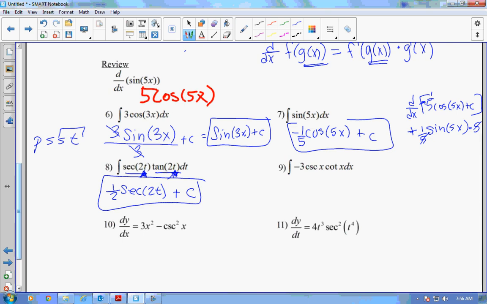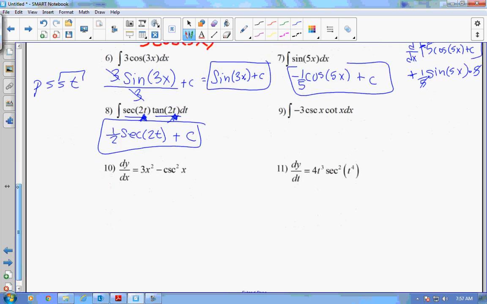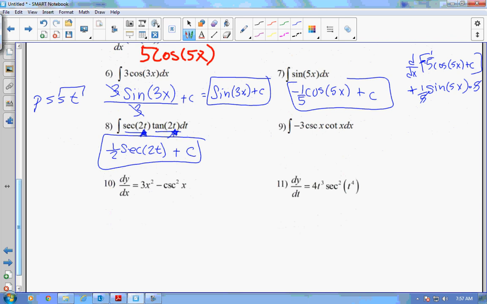Okay, so with your group, some of these might need some group effort. Try 9, 10, and 11. See how far you can get. Actually, I guess we only have 9 as the numeral. Number 10 is just saying dy/dx is this, so you're going to be integrating. I'll do number 10 in a minute. Just do number 9.